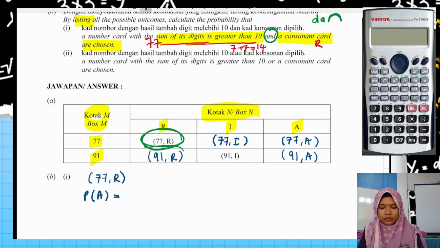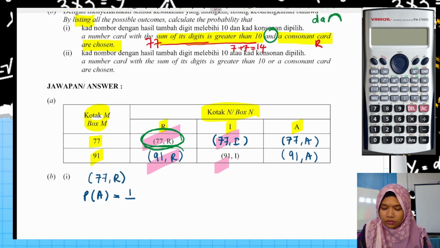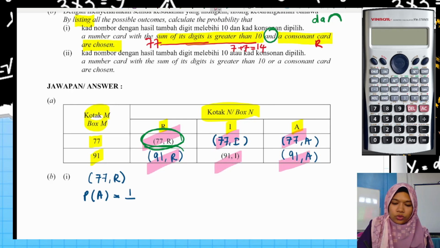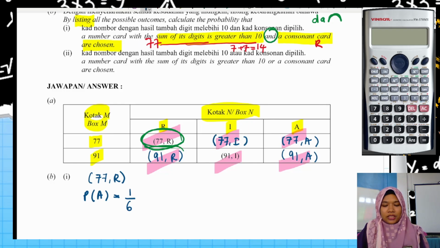PA is equals to 1/. How many possible outcomes total? There are berapa? 1, 2, 3, 4, 5, 6. So, 1/6. Probability for question A, okay, sum of digit greater than 10 and a consonant card are chosen. Okay, so 1/6. Okay, can you follow?